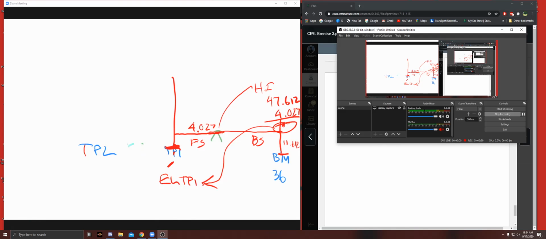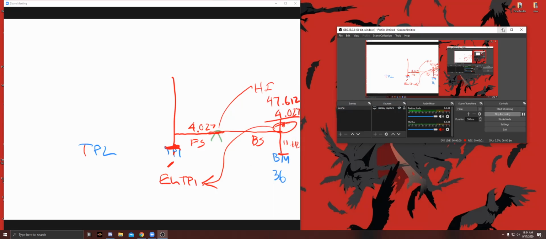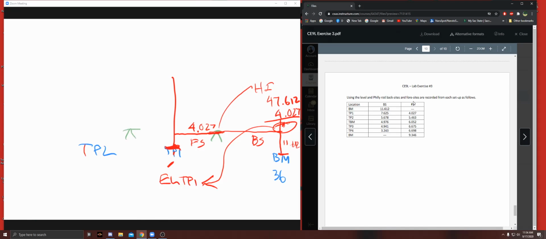Actually, let's just go a little higher up. Okay. And now this rod will stay right here at turning point 1. The location of your foresight for setup 1 is the same as your back sight for setup 2.